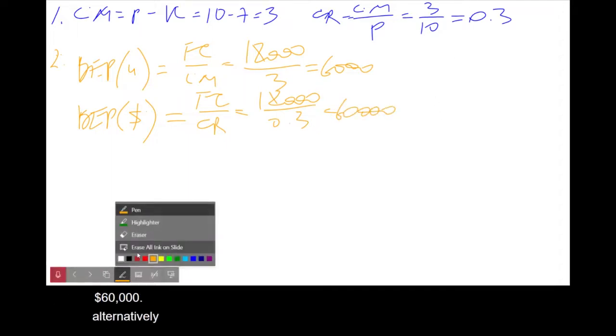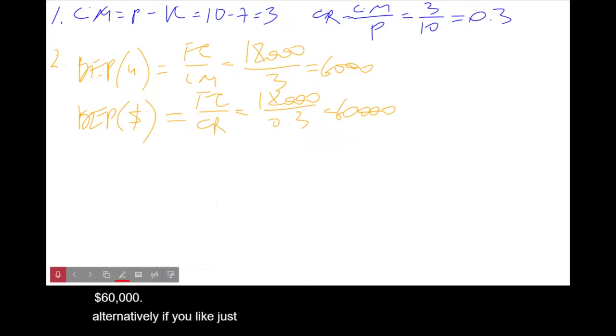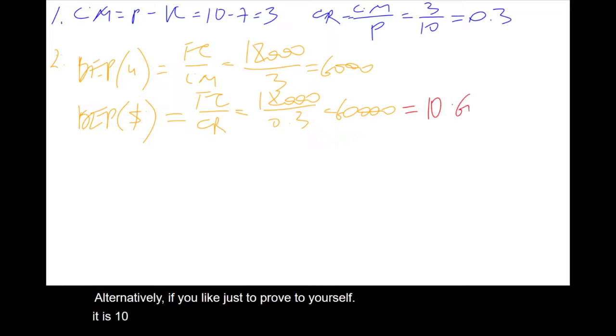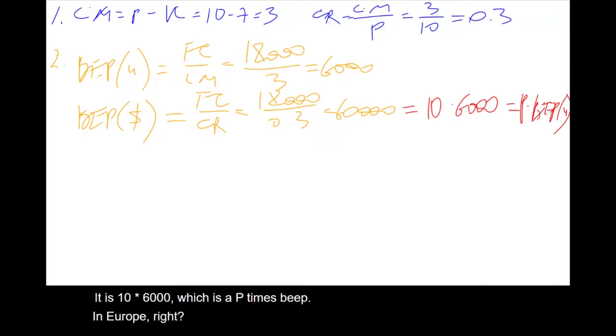Alternatively, just to prove to yourself, it is 10 times 6,000, which is P times the break-even point in units. We good with that?